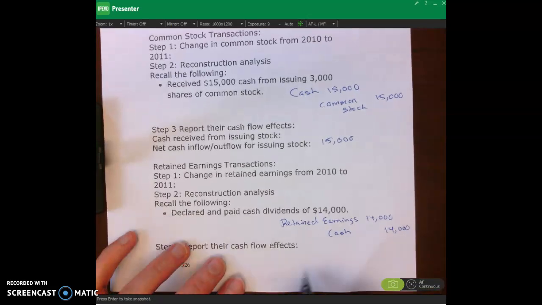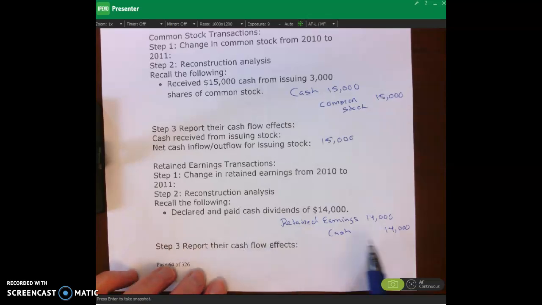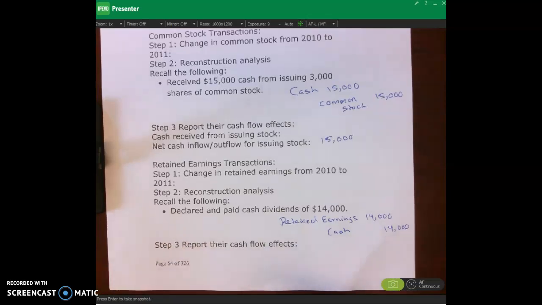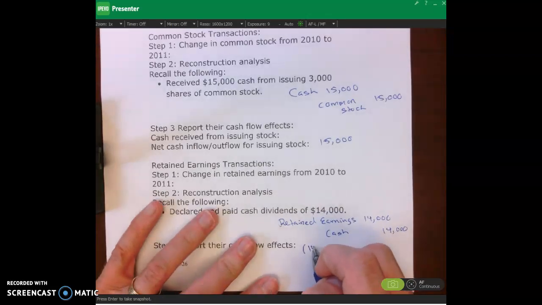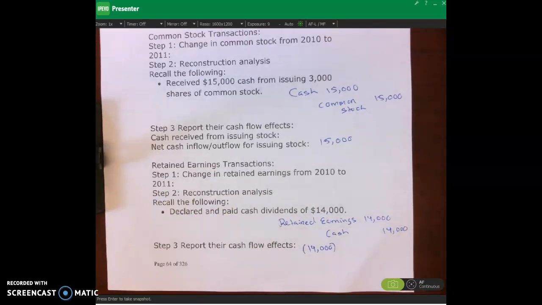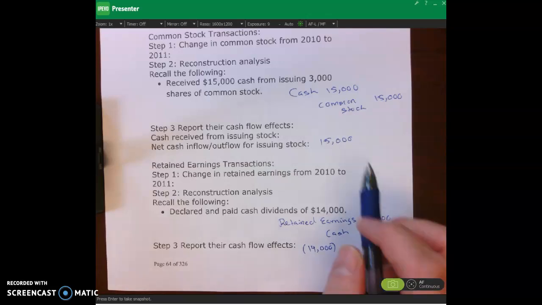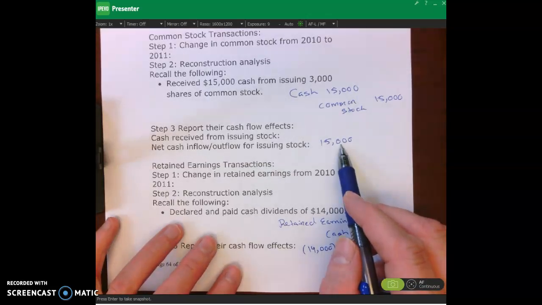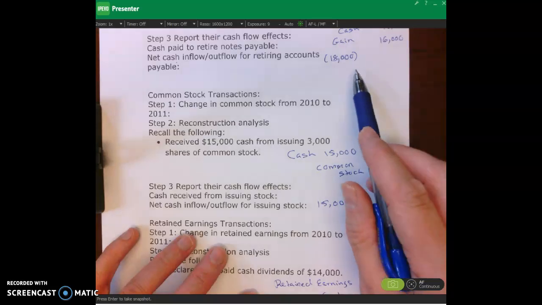In terms of what is the cash flow effect, well, it's that we paid $14,000. I'll represent the cash outflow in parentheses, cash inflow, no parentheses.